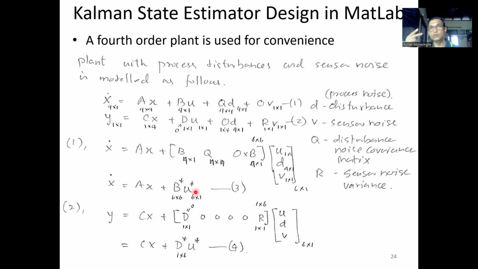Now I use a star symbol to say that this is not the usual B vector. It is a compound matrix, B star, and the size is 6 by 6. This is a big matrix. And u is not just u. Now it has a lot of components in it, so it's a 6 by 1 vector. Okay, because MATLAB needs this kind of structuring.